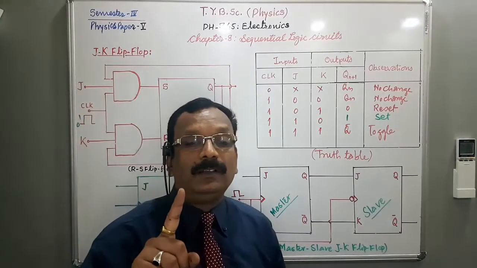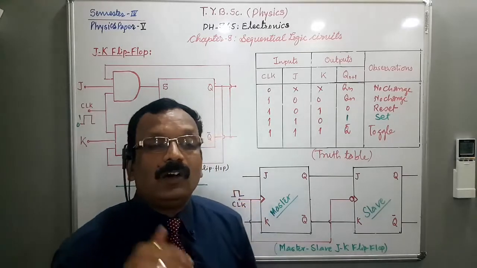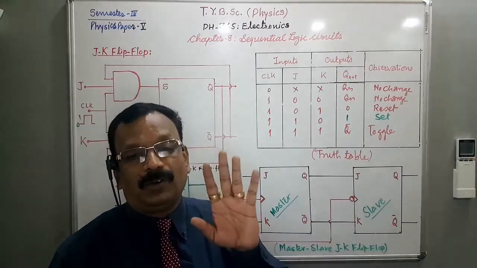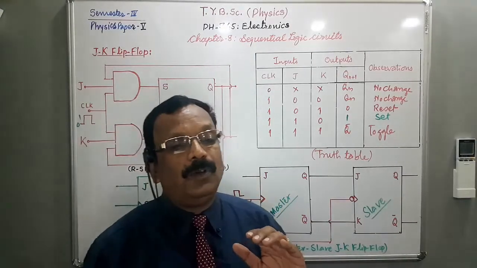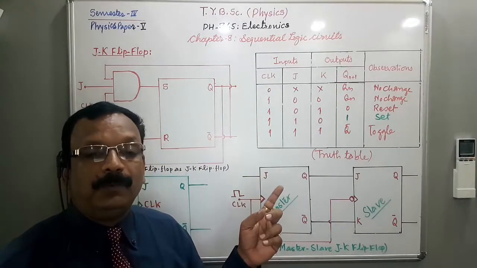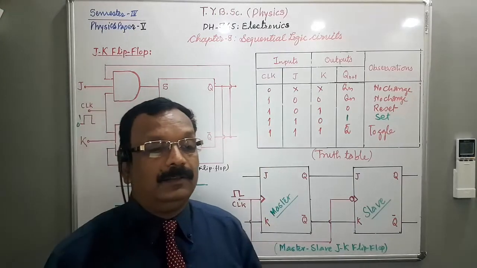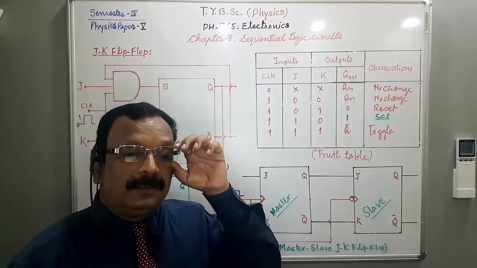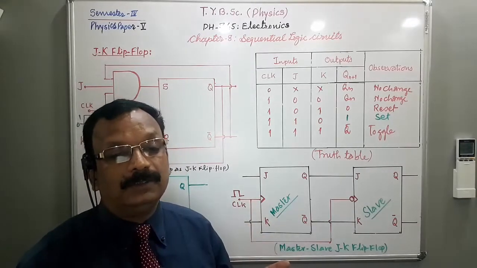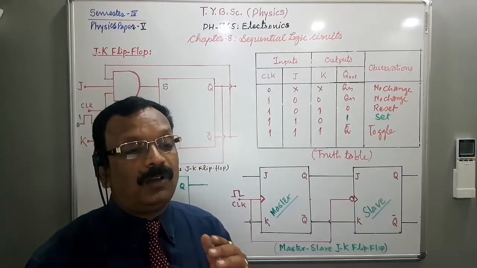If Q is equal to 1, the lower gate will pass the reset pulse on positive clock. On the other hand, when Q bar is equal to 1, the upper gate passes a set pulse on positive clock. Thus, depending upon the previous state, that is Q or Q bar, the flip-flop will set or reset on arrival of positive clock.